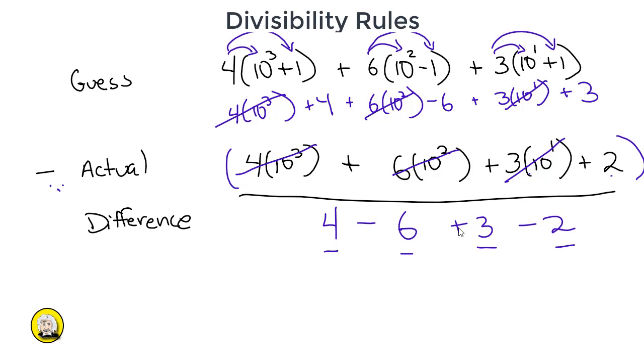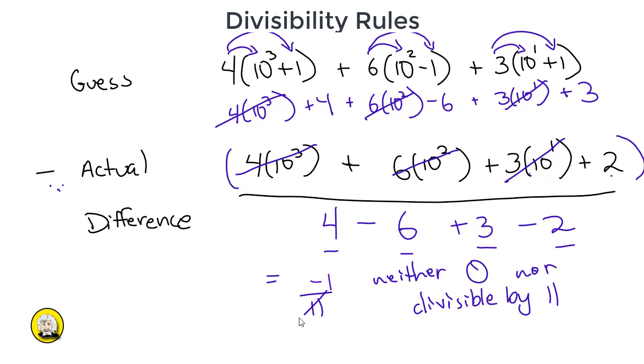So now we want to check if this summation is 0, in which case my guess was the actual number, or a multiple of 11 itself. So let's add that up. And the sum is minus 1, which is neither 0 nor divisible by 11.